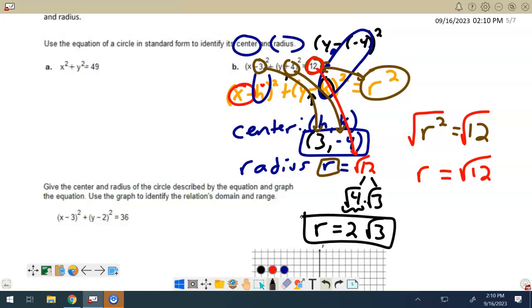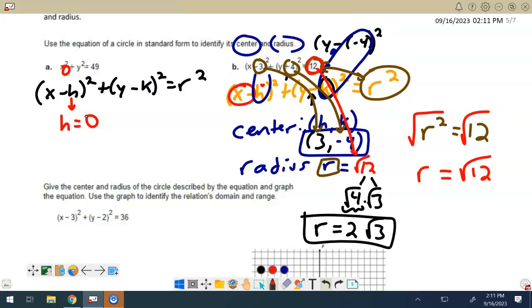I skipped part A because what's a little bit challenging about this one is that we have some missing numbers, so it's harder to line things up here. But the answer actually works out a lot nicer for part A. It's just a little bit harder to see. Because there are no numbers here with x, that means in this case h is equal to 0. So if there's no numbers in the parentheses with the x squared, then h is equal to 0, which means the x coordinate of your center is going to be 0.